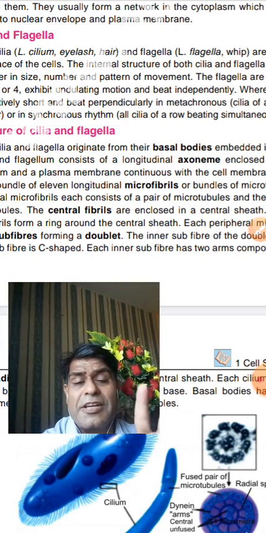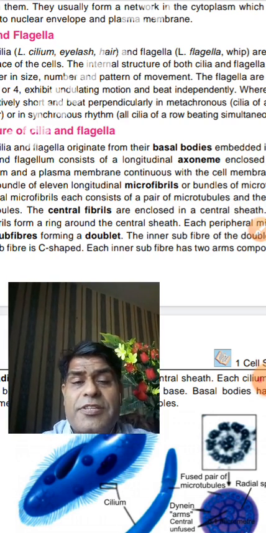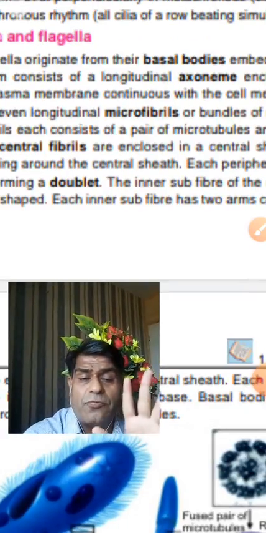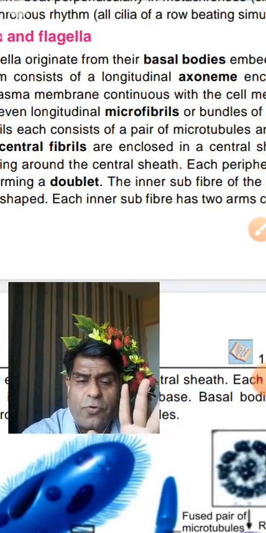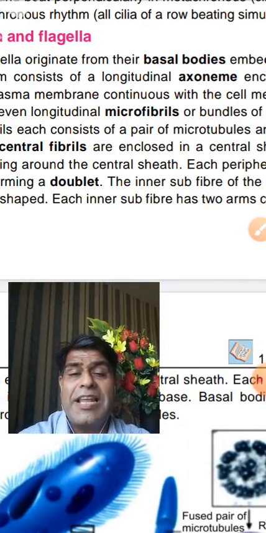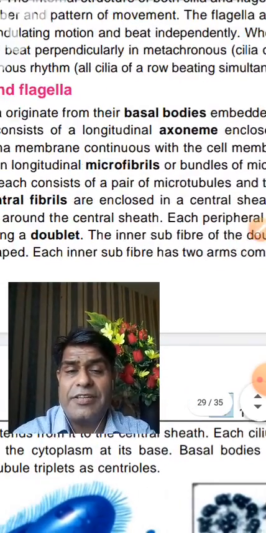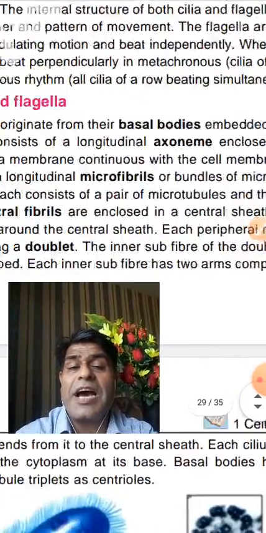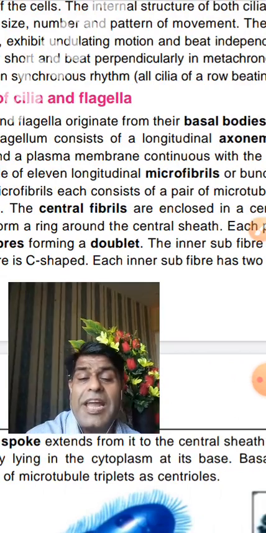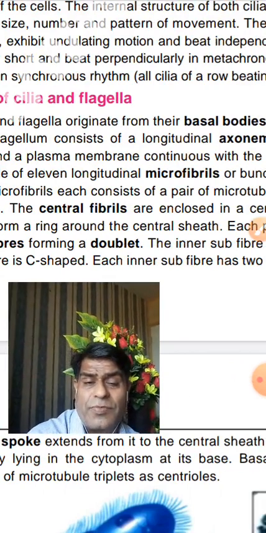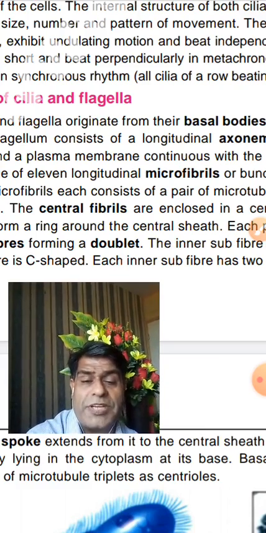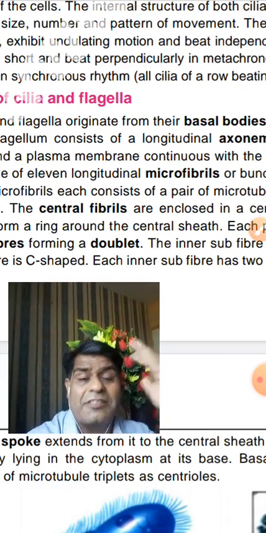Look here, 9 microfibrils are present. 9 are peripheral and 2 are present in the center. 9 plus 2 equals the total number of fibers present. I am not talking about cilia, this is important.